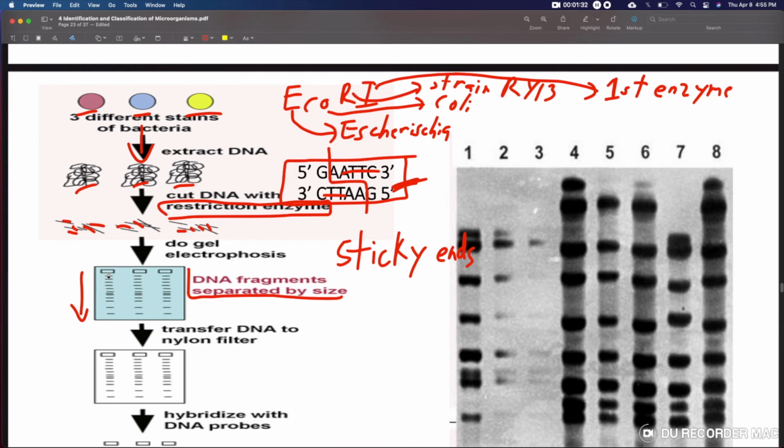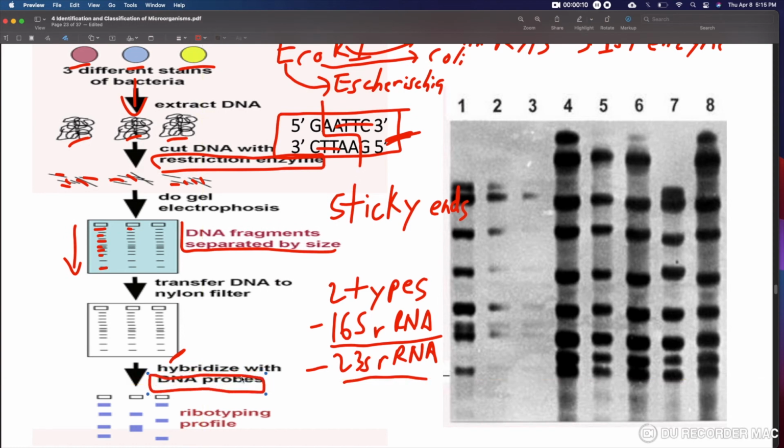When we subject it to electrophoresis, the smaller DNA fragments would travel faster than the larger DNA fragments, so the DNA fragments will be separated by their size. After being separated using gel electrophoresis by size, we will use a nylon filter and transfer that DNA onto the nylon filter.